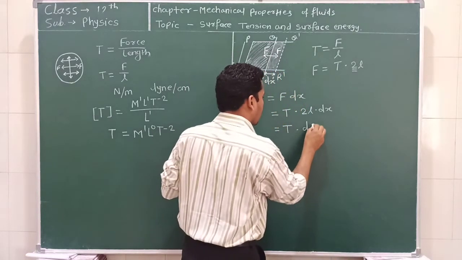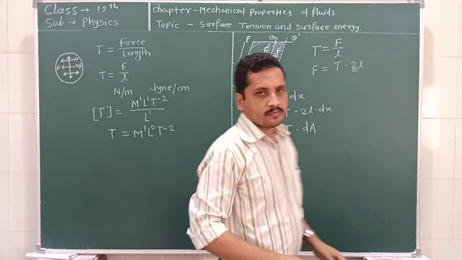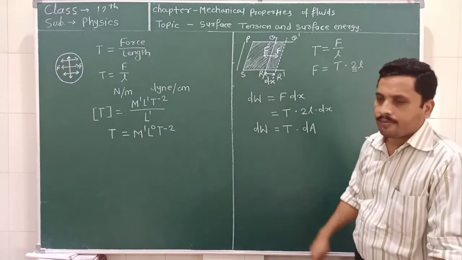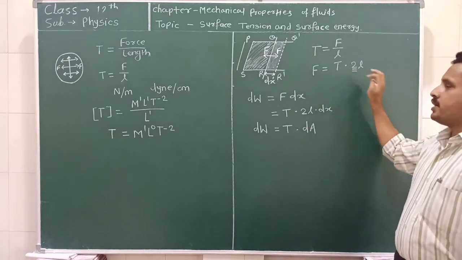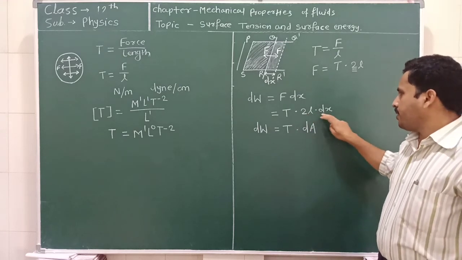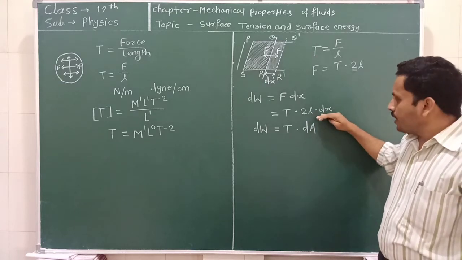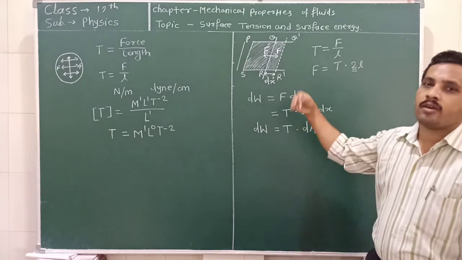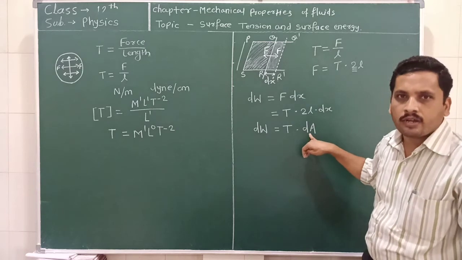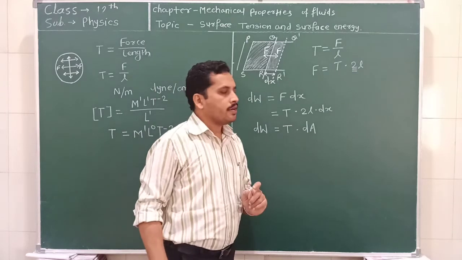So dW is equal to F multiplied by dx, but F is equal to T multiplied by twice L, so T multiplied by twice L multiplied by dx. L multiplied by dx is nothing but the area of the front side. Similarly, the area of the back side, therefore it is equal to twice the area, which is nothing but dA. So we can write dW is equal to T multiplied by dA.